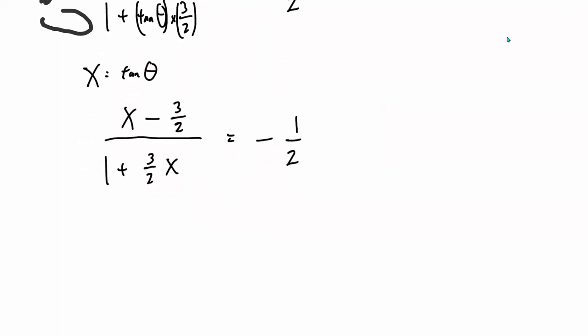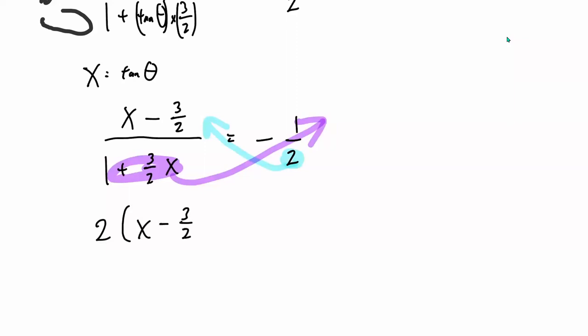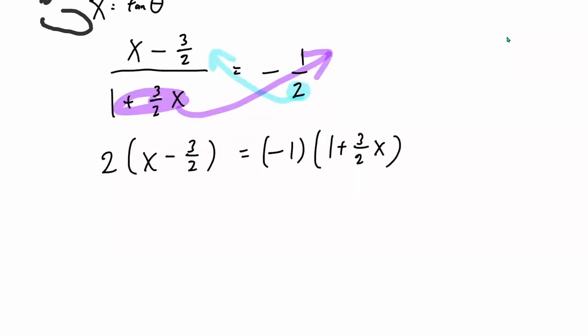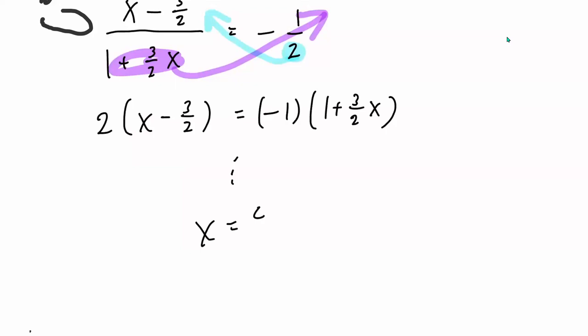Then you cross multiply. So we end up with 2 bracket X minus 3/2 equals negative 1 bracket 1 plus 3/2 x. So on and so forth, you'll eventually get to x equal 4/7. I will leave you to do this as homework.